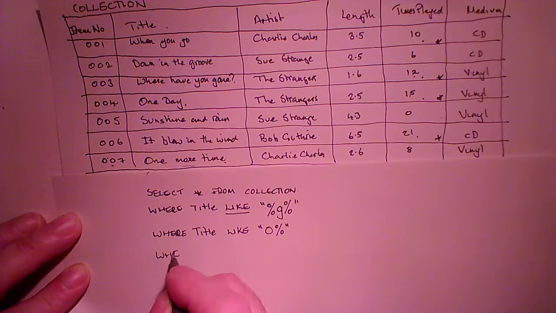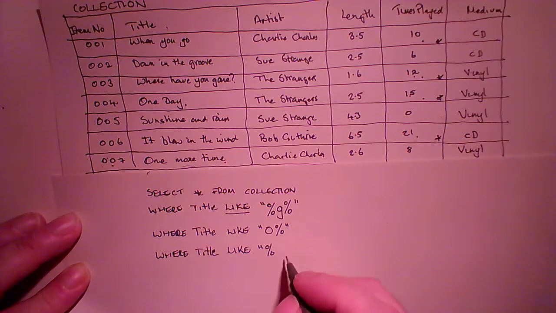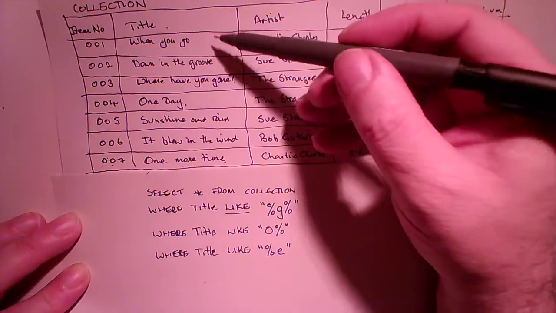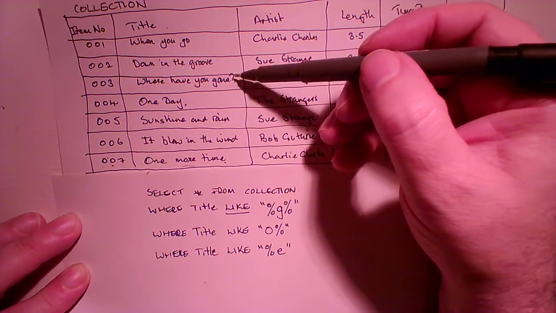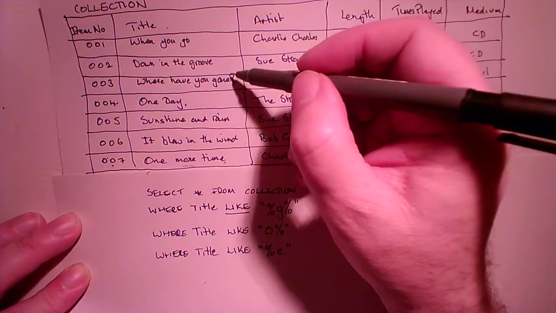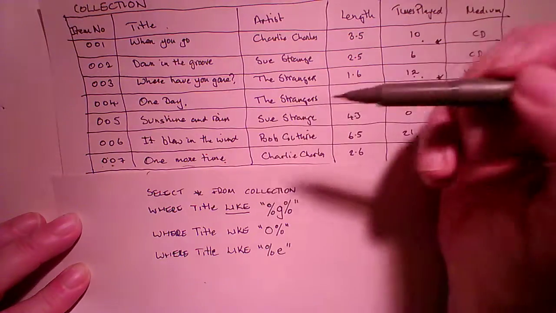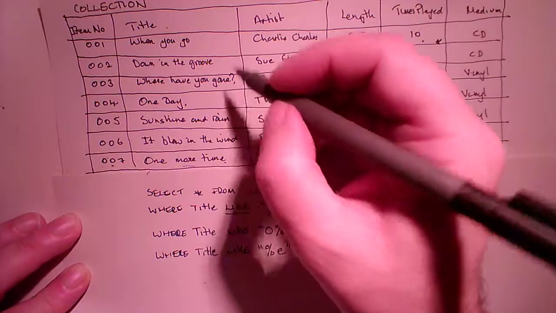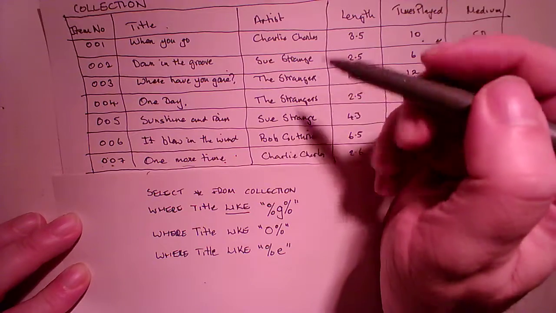So I could have written where title like, I don't care what the string contains to begin with, but it must end with a lowercase e, and that would pick up 002 down in the groove. 003, well, it won't pick up 003 because the last character is a question mark, not an E, and it would pick up 1 more time here. So it would pick up 2 records, down in the groove and 1 more time. It wouldn't pick up that because there's a question mark in it.